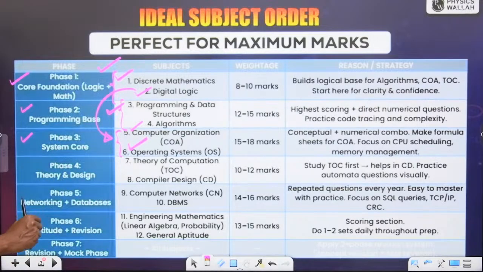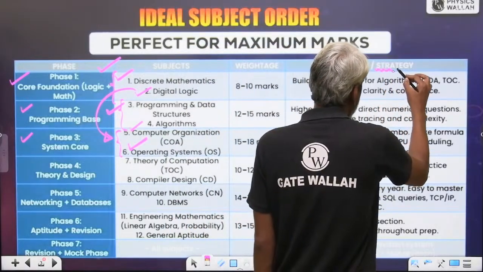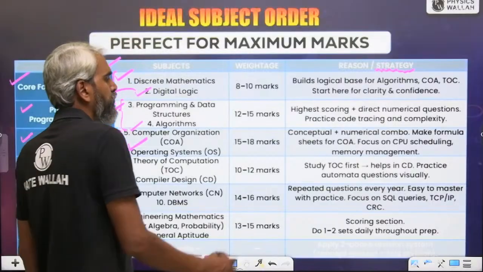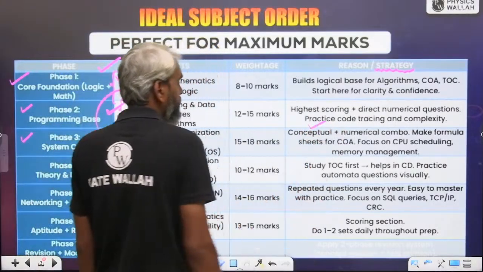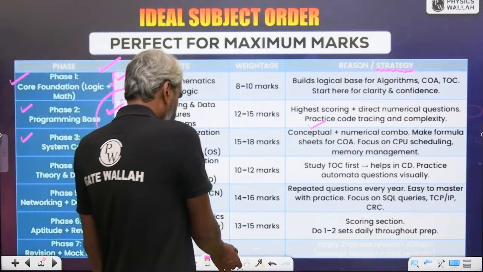So what is the core area on which you must focus? If I say the strategy behind computer organization and operating system, conceptual clarity is most important from the computer organization point of view and operating system point of view. Then formula.